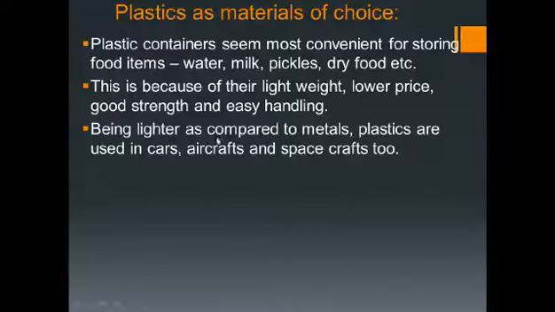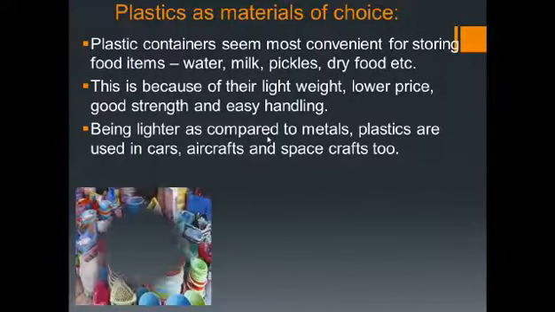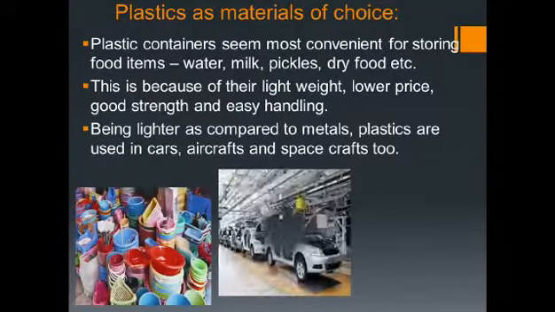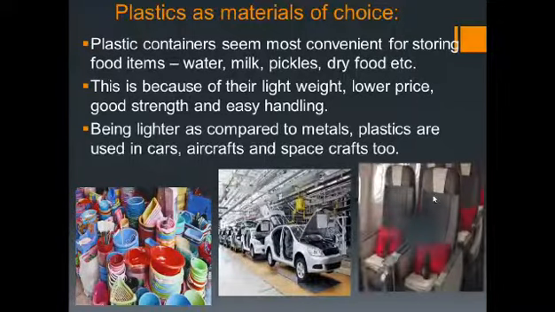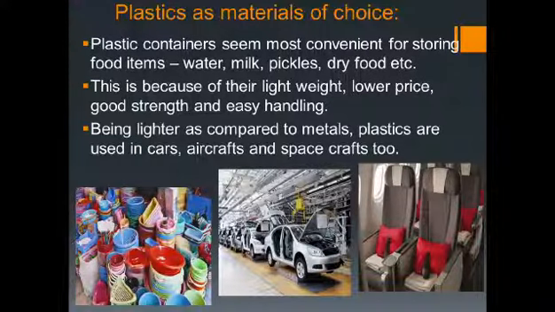Being lighter as compared to metals, plastics are used in cars, aircraft, and spacecraft too. The list of uses of plastics in various areas will be endless if we start counting.